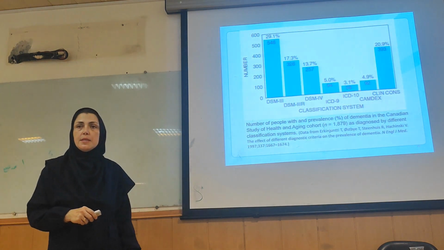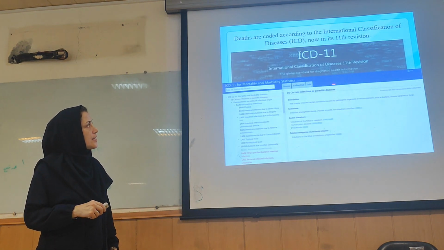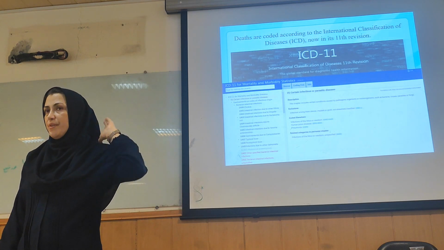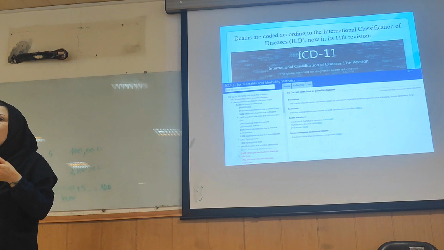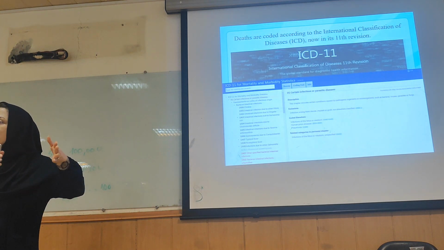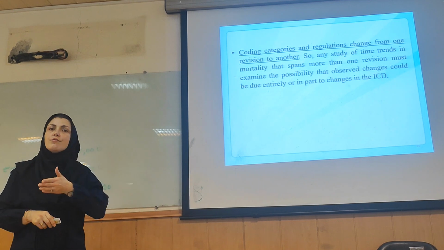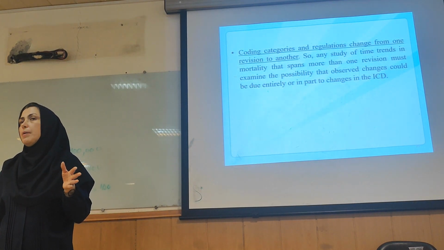But sometimes, I told you the version is 11 right now, we had previous categorization styles, and there are some changes during this categorization. So the data over time cannot be comparable to each other.